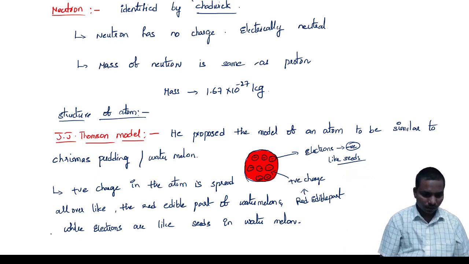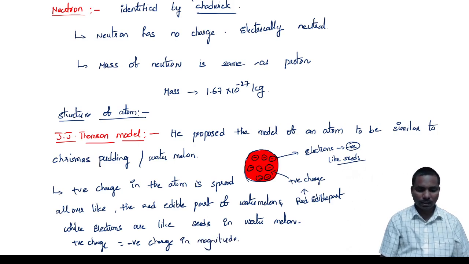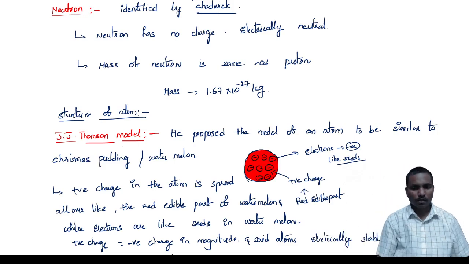And he has given that the total positive charge is equal to the negative charge in magnitude. So he said that atoms are electrically stable, but atoms are in real case not stable, so that's why this model is not continued, it is discontinued.